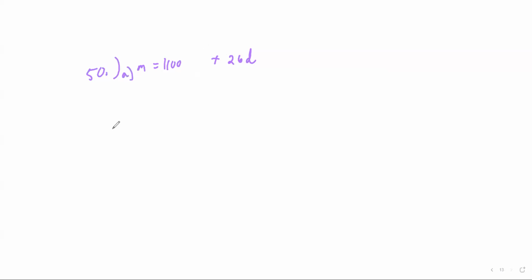The next part then says, solve the equation for D to find the depth of the Dead Sea in terms of the trench. So it's going to be a literal equation. What a literal equation just means is I'm going to get a variable back out of it. So here's my equation.